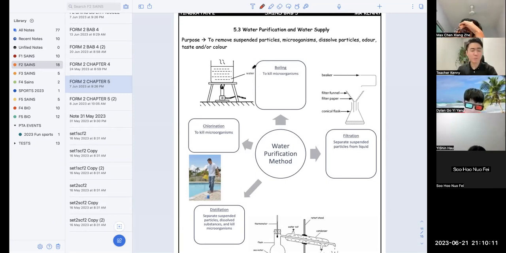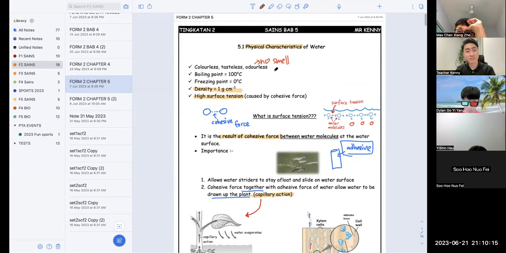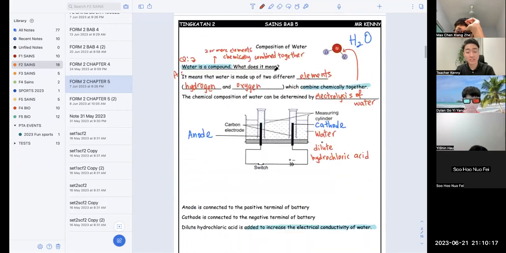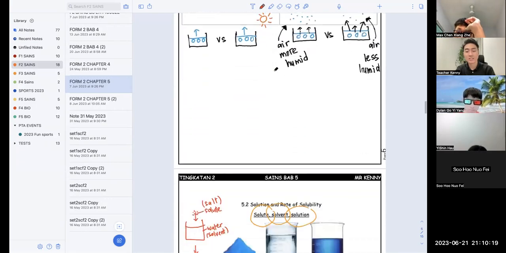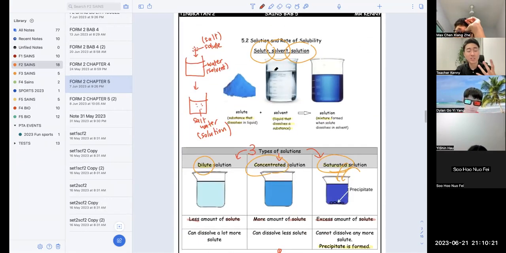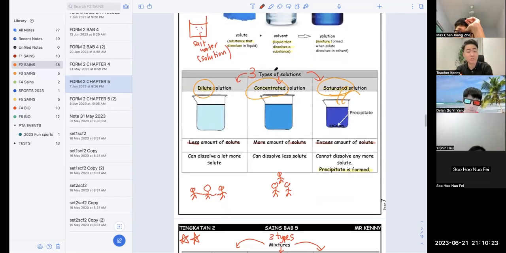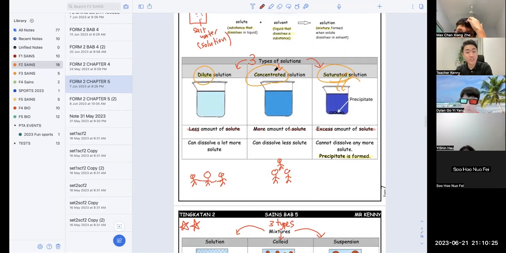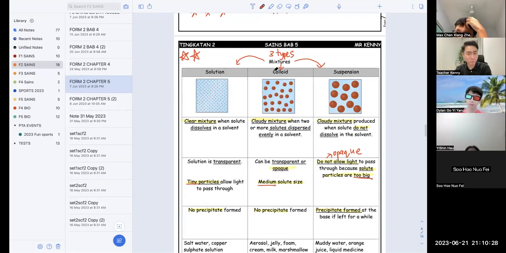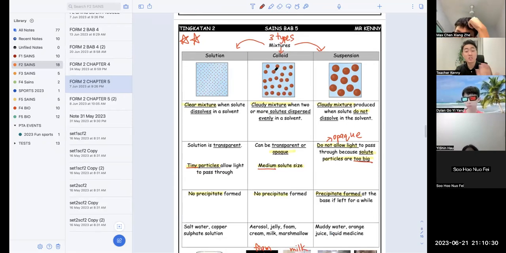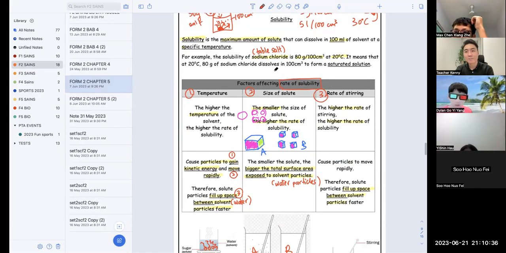Okay, done. We're going to close the whole chapter. We learn about the characteristics of water, how water is. Next, you learn about what water can do, 3 different chemics and produce 3 different solutions. And even with water, you have 3 different types of mixture: solution, colloid, suspension. Usually all will involve water, right?